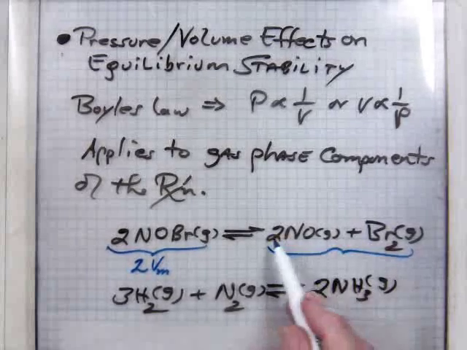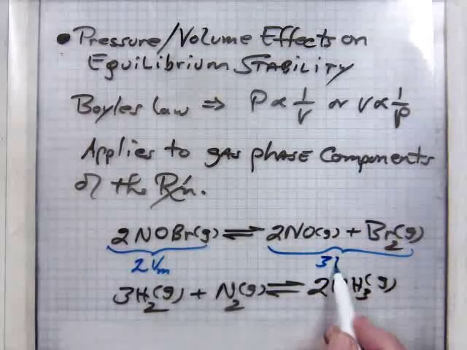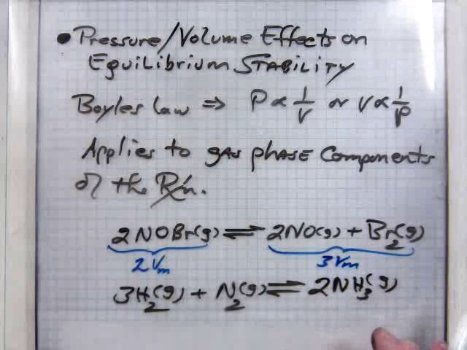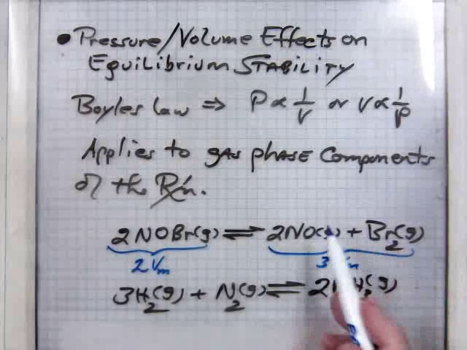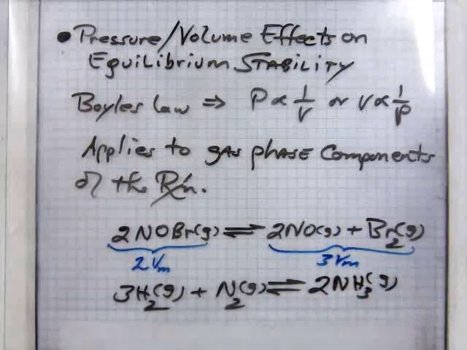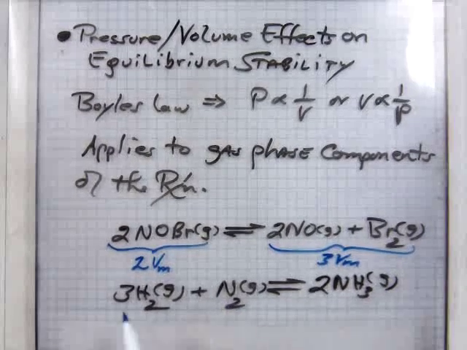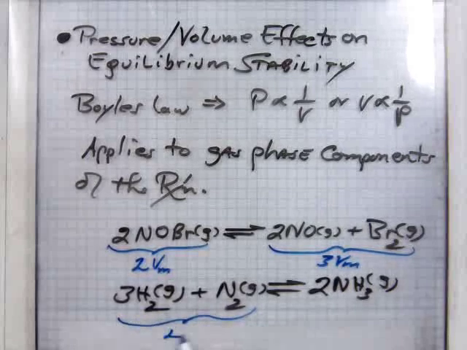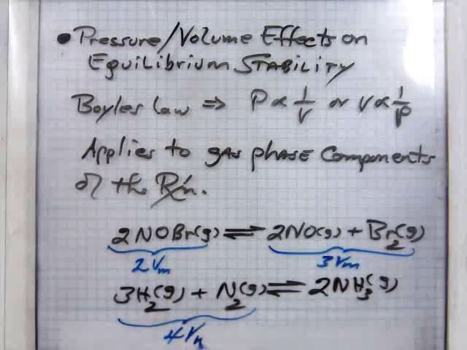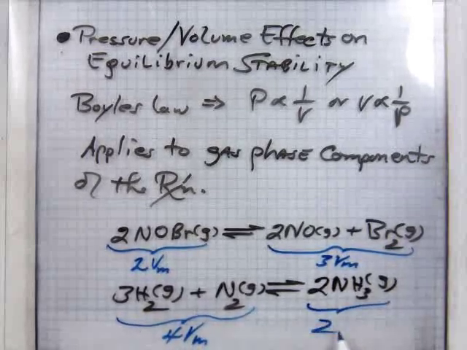Adding them together, 2 and 1, is 3 total molar volumes of product over here. Now, in the second equation, we see 3 and 1 are 4 molar volumes in this one, and only 2 molar volumes on the product side.